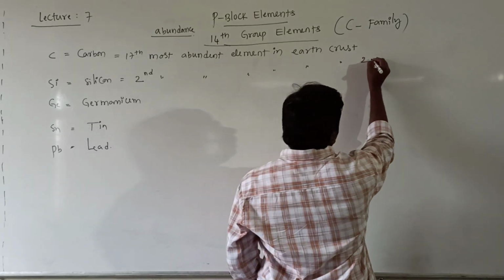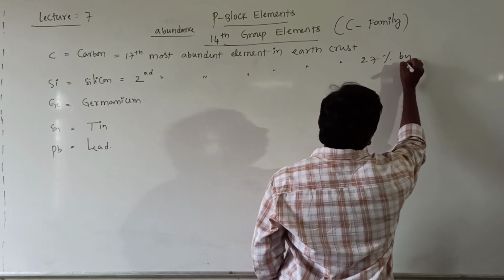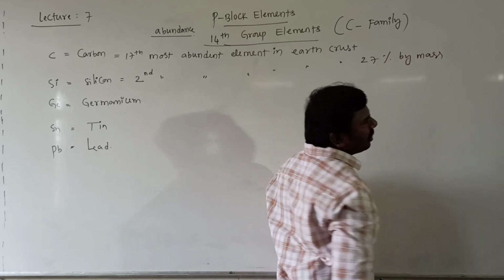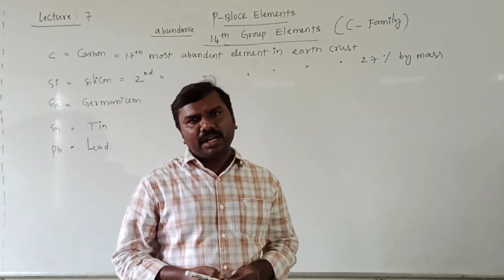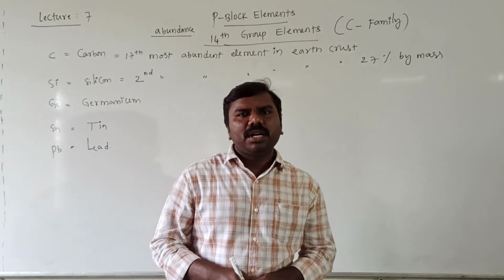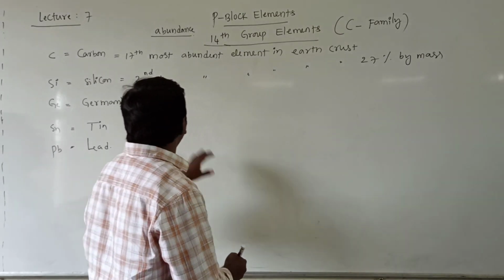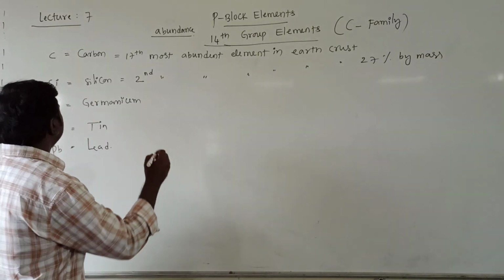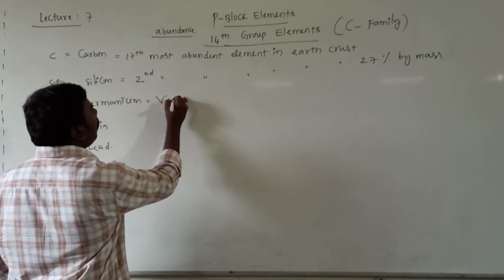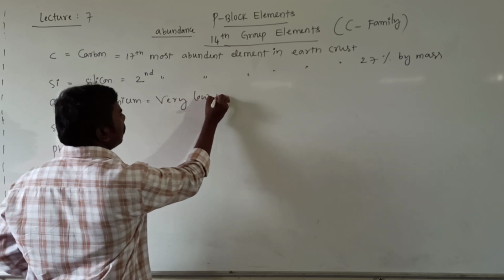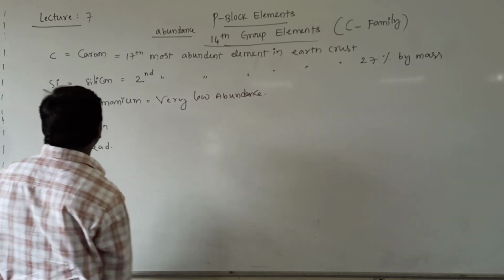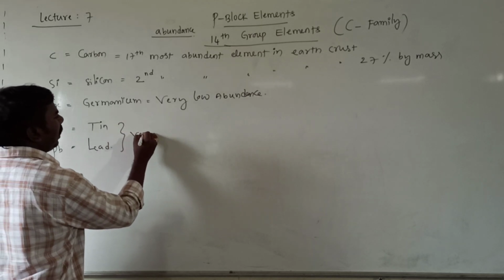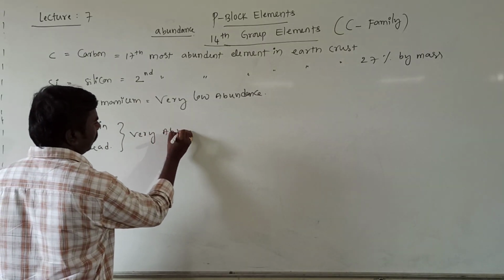It is around 27% by mass. It means 27 grams of silicon is present in 100 grams of solid solution. So second most abundant element. Carbon has very low abundance. Next, these are very abundant.